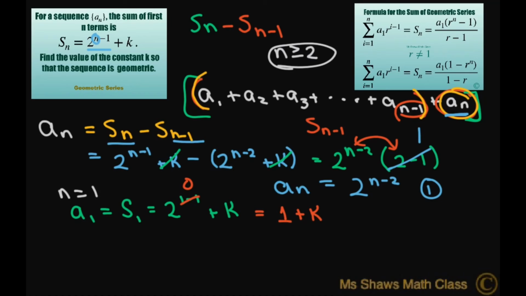All right. Now from equation 1 here, if you substitute in 1, you're going to get 2 to the power of 1 minus 2, which equals 2 to the power of negative 1. That equals 1/2. All right?